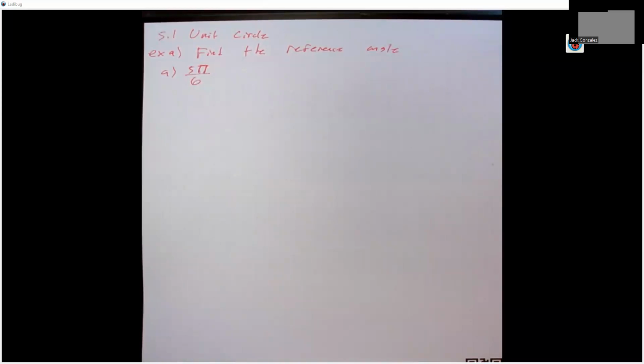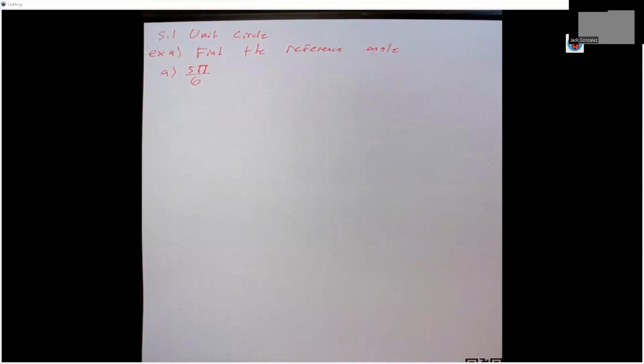Now, if you needed to find it, since it's less than 180, all you have to do is subtract from 180 to find that difference. Let's say it wasn't a pretty angle, like 140 degrees, or some weird pi angle like 3 pi over 7.